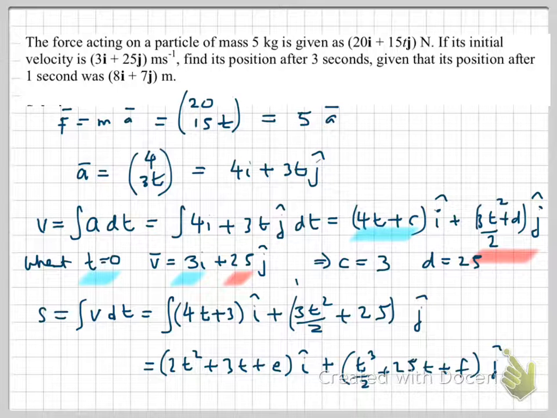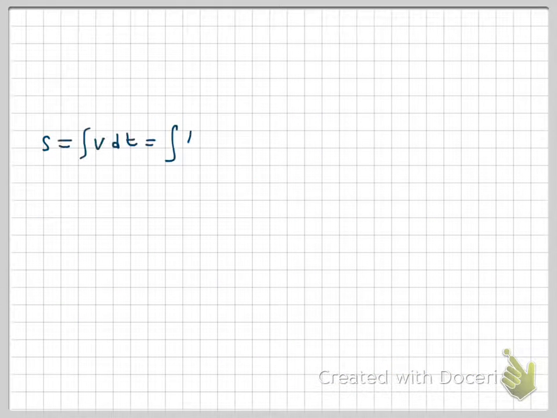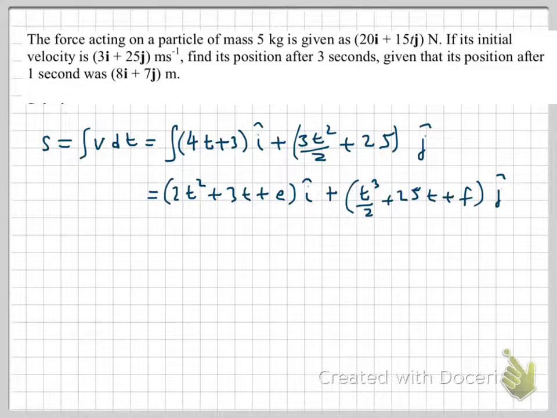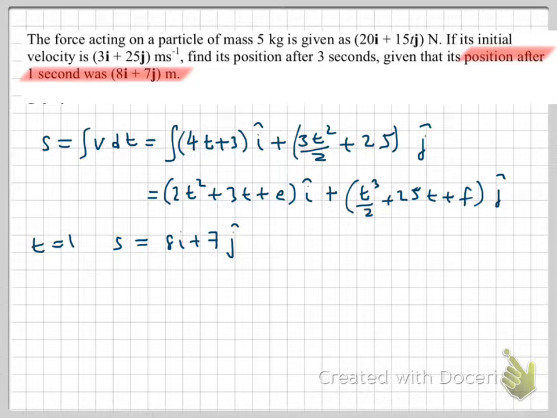Now that we've got the displacement, we're told its position after 1 second is 8i plus 7j. Once we integrate v, this is our new expression, and we're told that after 1 second we've got 8i plus 7j. We can use those values to work out e and f.